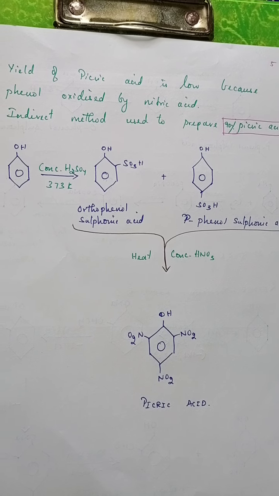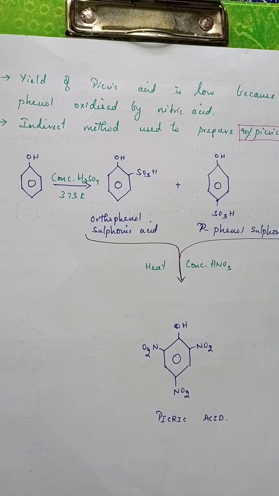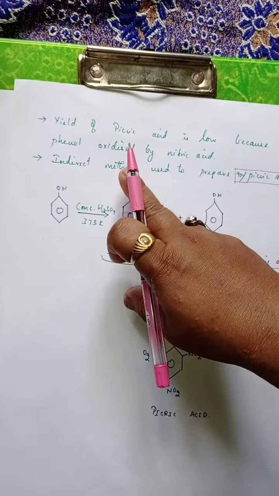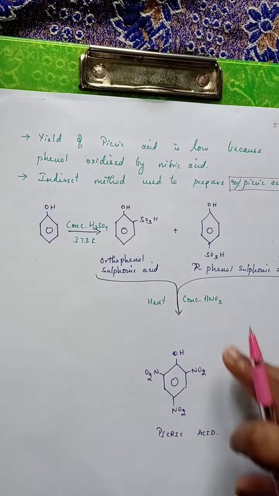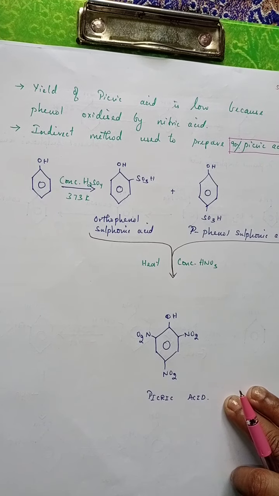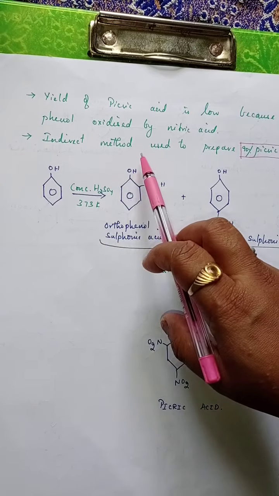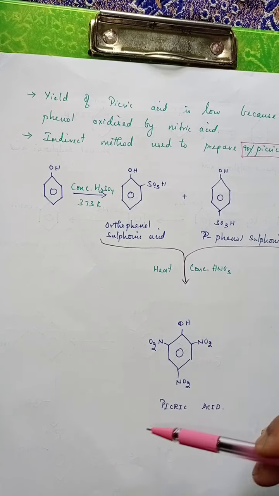But the yield of picric acid is very low in the previous reaction because the phenol is oxidized by nitric acid. We know nitric acid is a very good oxidizing agent, right? So we have to use an indirect method to get picric acid.